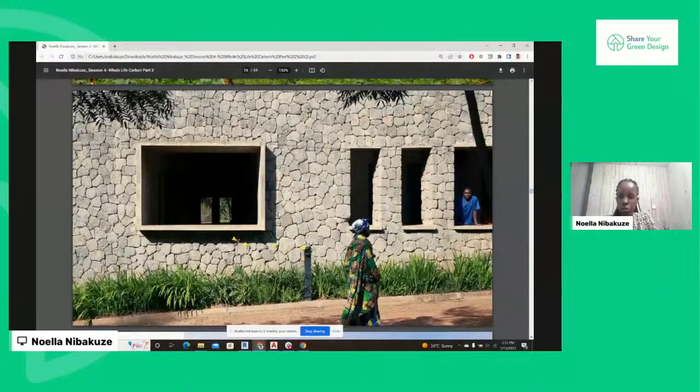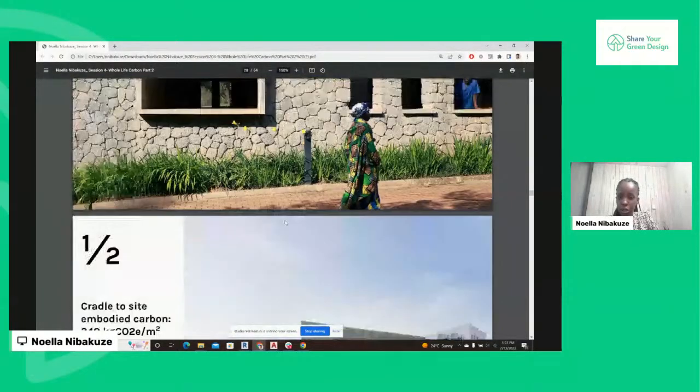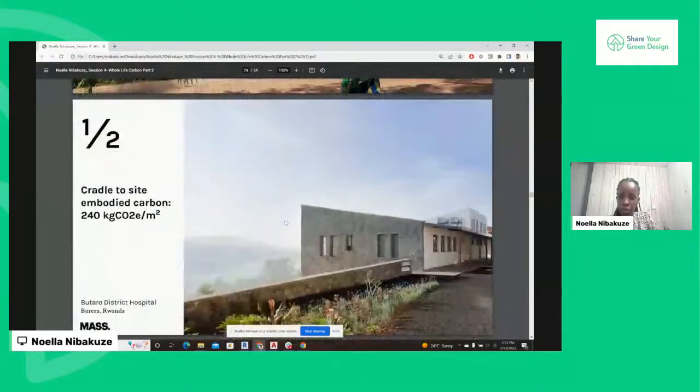So our intention was really to invest locally and to try local materials. That was the initial investment. However, when we calculated this building, we realized that our embodied carbon is half compared to similar buildings around the world, even though it was not our intention. And that really helped us to think of how we did it and how we managed it.